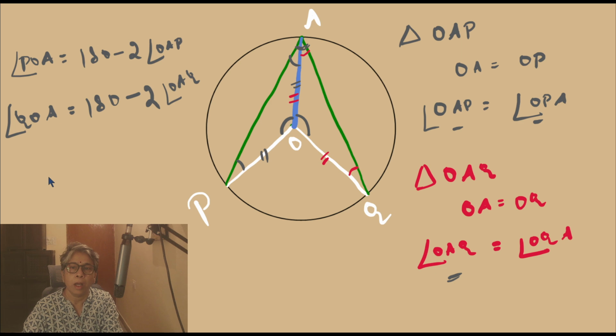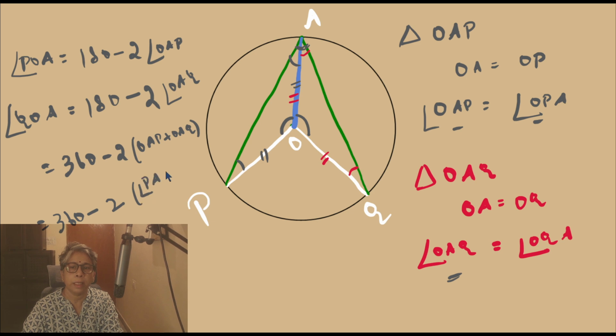Now, summing up everything, this whole gray angle would be equal to 360 minus 2 into OAP plus OAQ, or equal to 360 minus 2 times angle PAQ. Now we are interested in this angle.